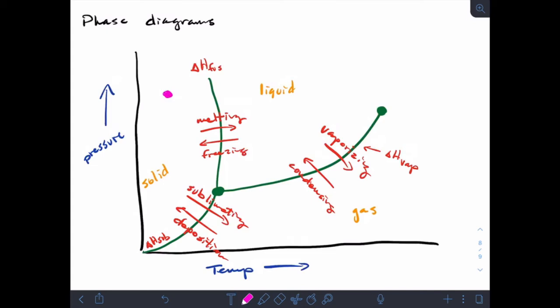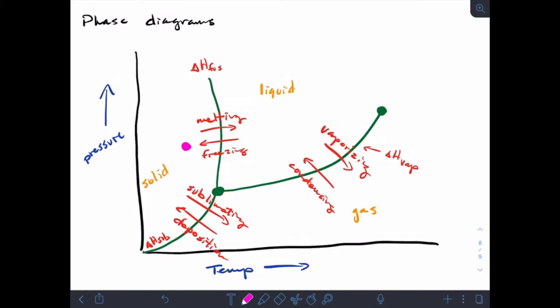And let's say that I keep the pressure constant and increase the temperature. All right, if I increase the temperature enough, my solid will transition to a liquid. All right. Now, let's say I have a solid sitting right about here.